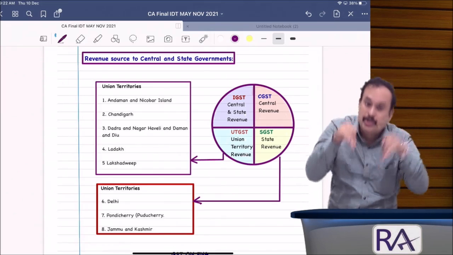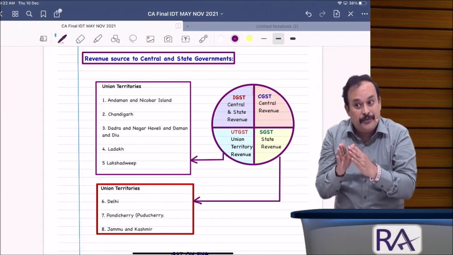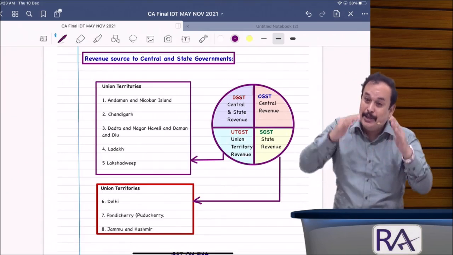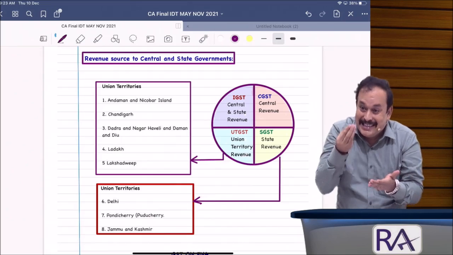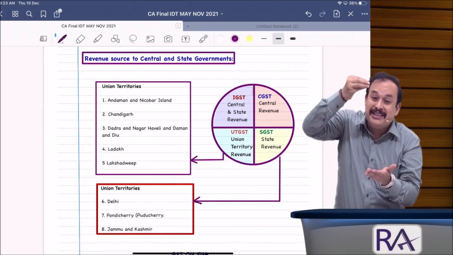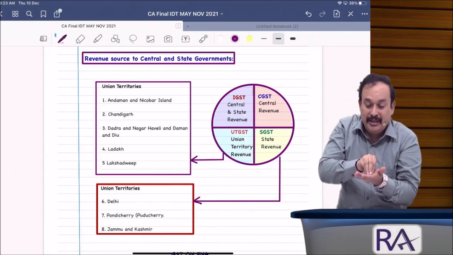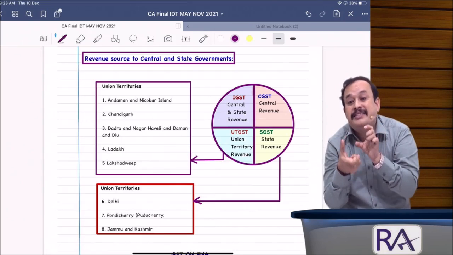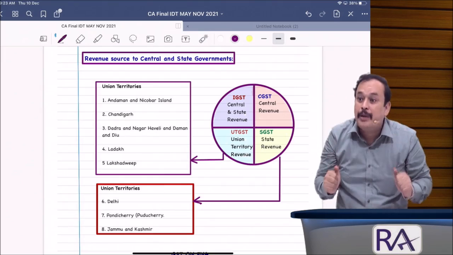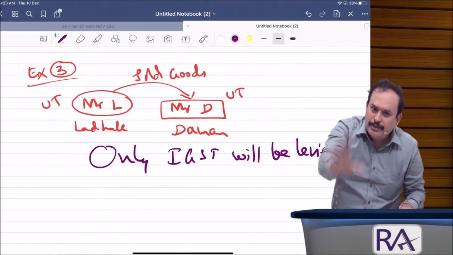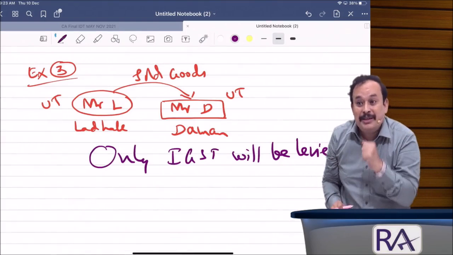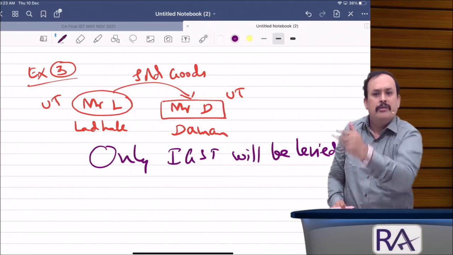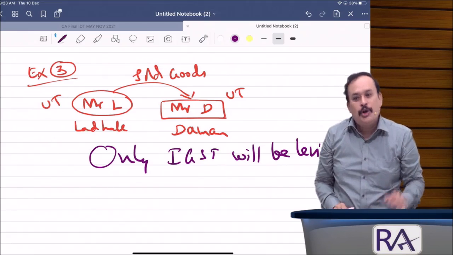Even now, for a transaction within the state of Jammu and Kashmir, what is going to be levied? CGST and SGST. Let us have that also as an example. Someone may say there is no state assembly as of now, but tomorrow there will be. The government has clearly said so.